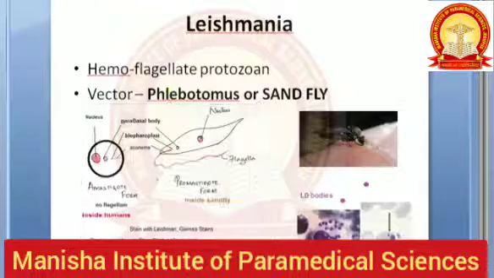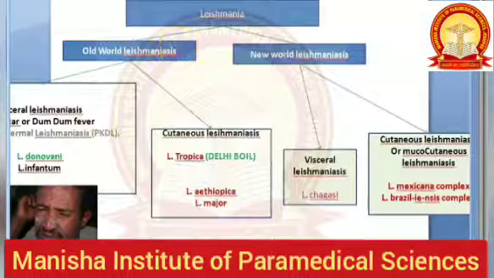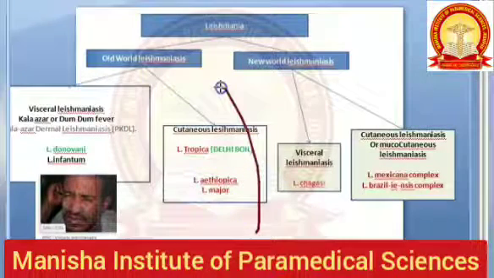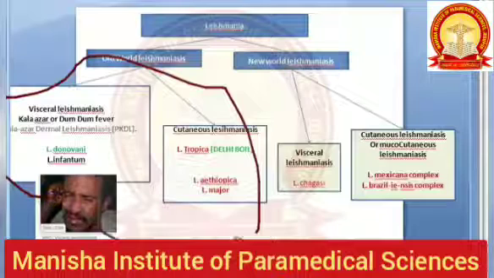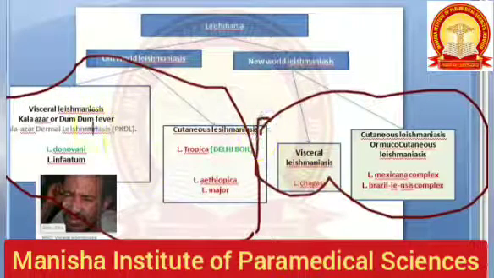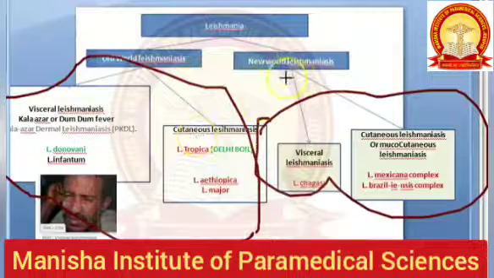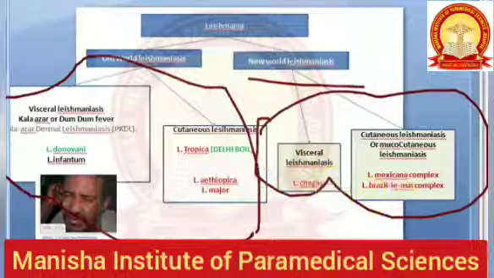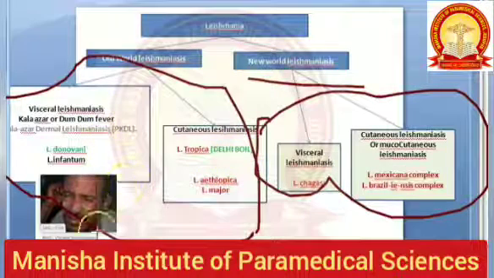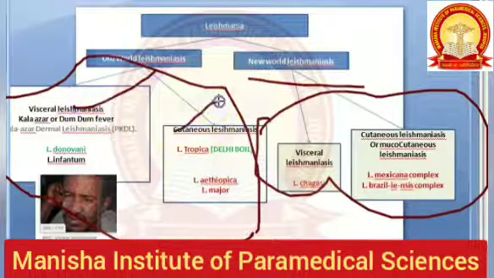Then in the last video, we saw the classification of Leishmania, based on the diseases that it causes. In the old world, like India and Africa, these are the Leishmania found. In the new world, meaning North and South America, these are the Leishmania found. In both you have visceral and cutaneous leishmaniasis.